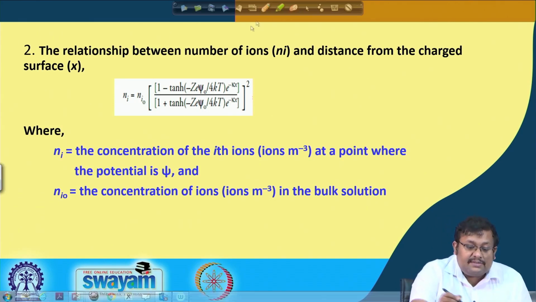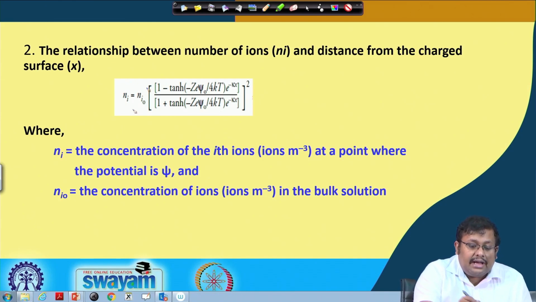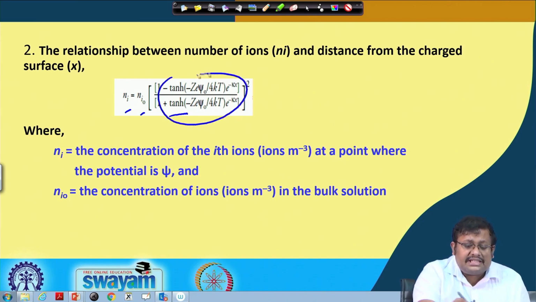You can see it is Ni equals Ni0 times (1 minus tanh(−zeψ0/4kT) e to the power minus kx) over (1 plus tanh(−zeψ0/4kT) e to the power kx). Now, we know all these terms here.